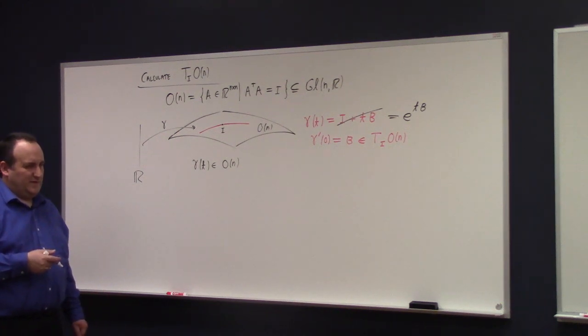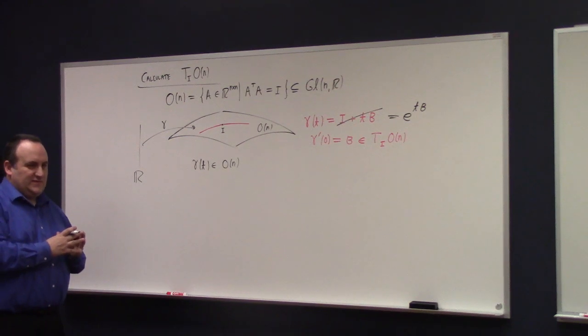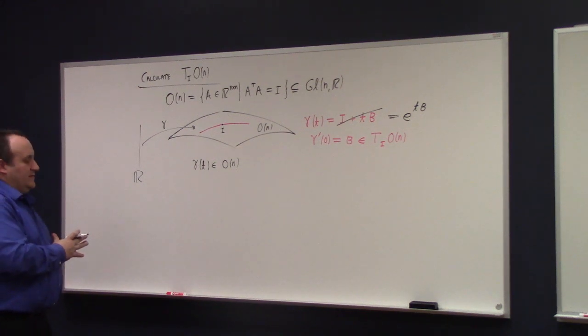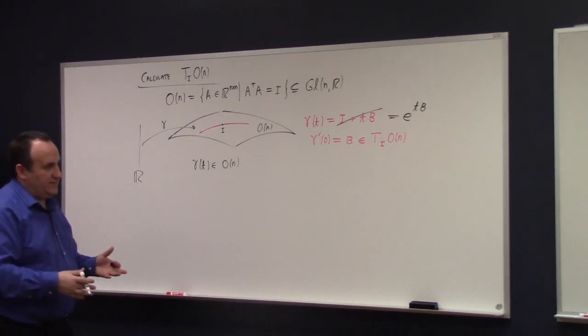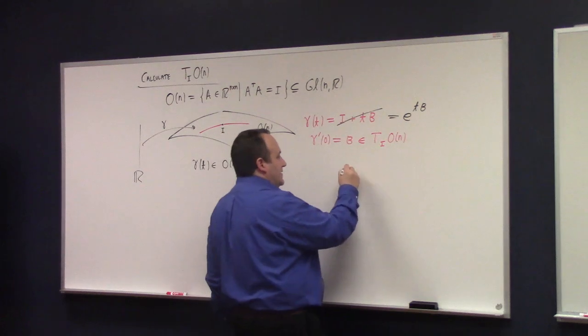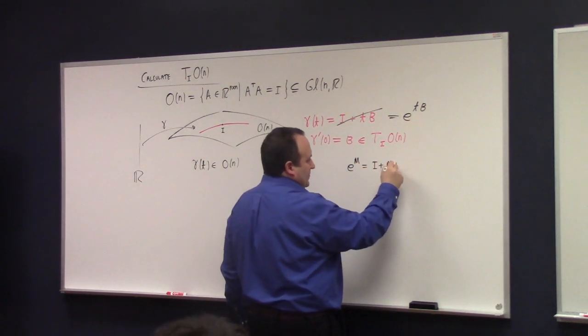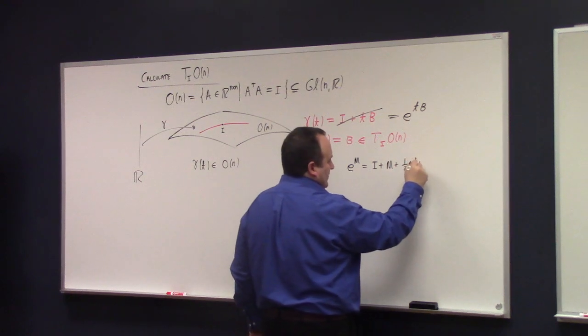There is a thing called the matrix exponential, which you would have talked about in my linear algebra, but you did not have my linear algebra. All right, fine, crash course. e to the M is equal to the identity plus M plus 1/2 M squared plus and so on.